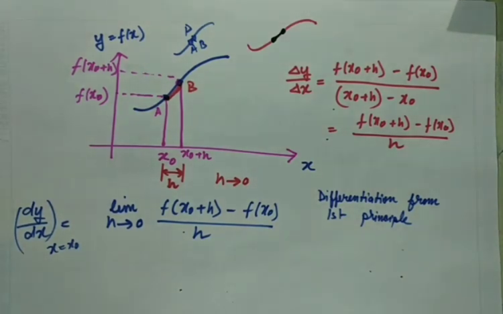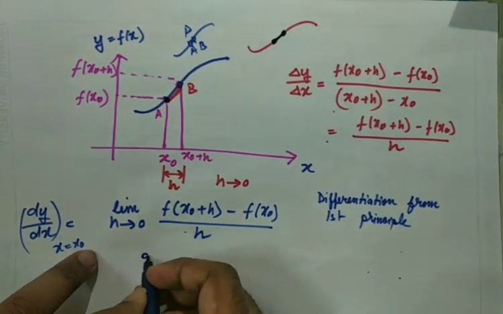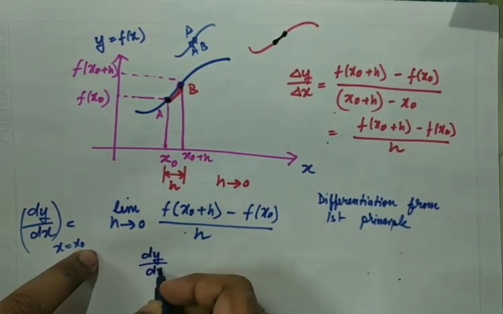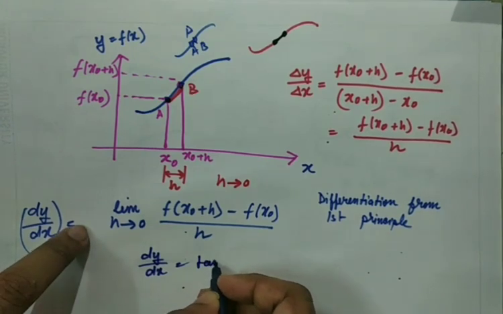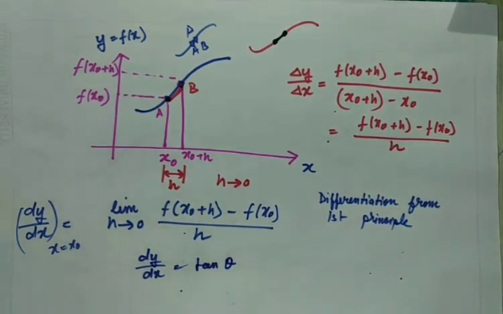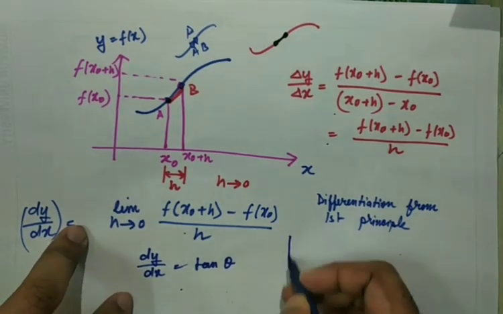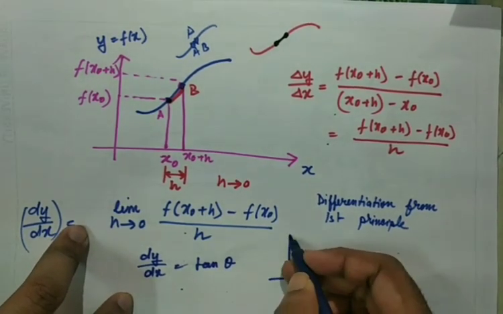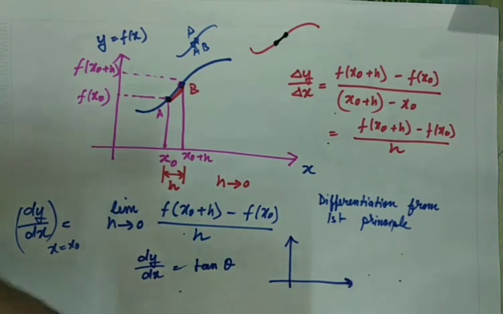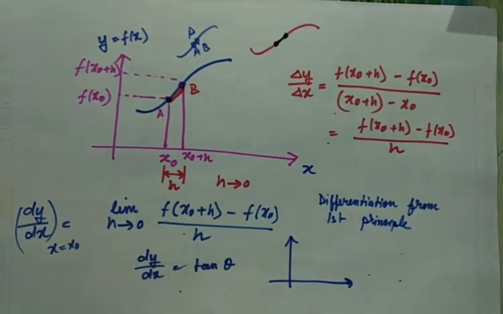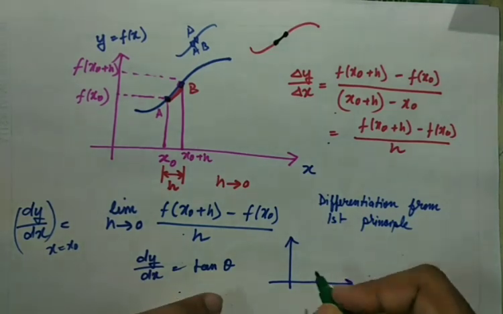Now, this is the basic concept of differentiation. Also, we can say dy dx is equal to tan theta. Suppose we have a curve, and let us draw a curve.